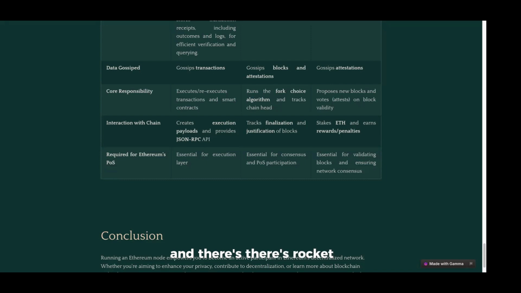And there's Rocket Pool. There are others too that pool funds together to help you stake. For instance, anybody that has 32 ETH and is willing to stake can use DVT.